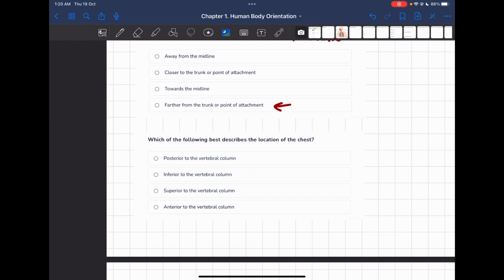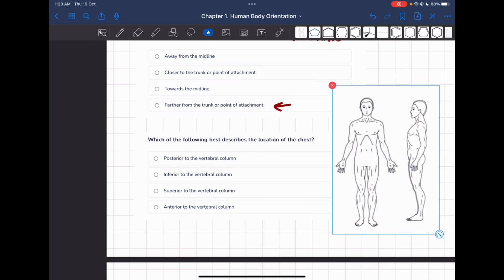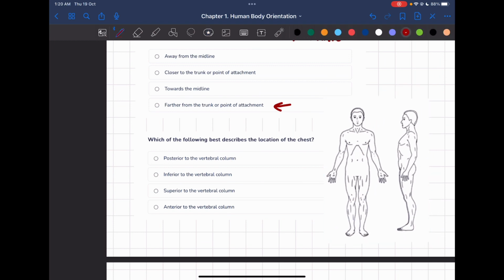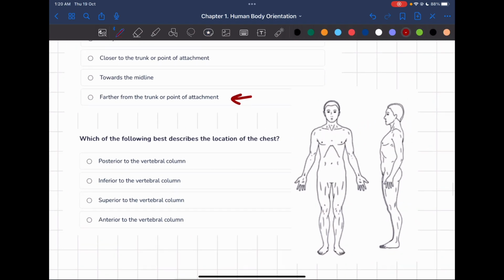Which of the following best describes the location of the chest? Okay, I need my friend here. So here's the chest, and here's the vertebral column. The options are posterior to the vertebral column, inferior, superior, or anterior to the vertebral column. Look at it.